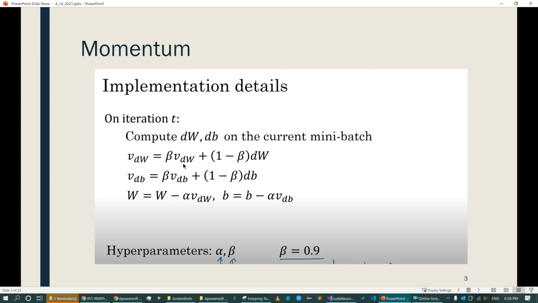You can think of the first term as a kind of weighted average over past iterations, because it averages a certain number of the iterations that have been done before, and then we add the current derivative, either the derivative of the weight or the derivative of the bias. That is how we update the weights in the momentum. Normally we use beta equals 0.9. That is very commonly used.